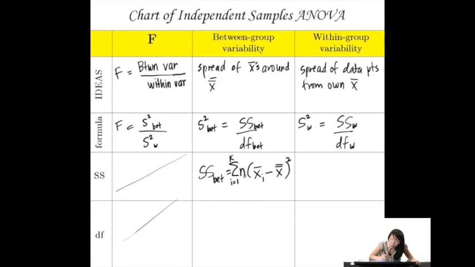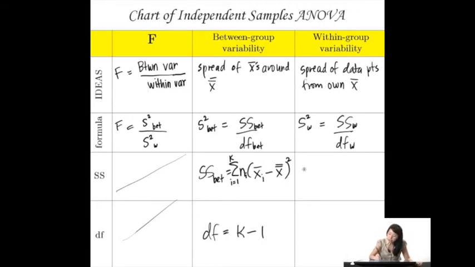And you want it to be weighted. You want it to count more. Your distance counts more if you have more data points in your sample, okay? And then the degrees of freedom is fairly straightforward. It's the number of means minus 1. Because when you find out your grand mean, it's going to limit one of those guys, so your degrees of freedom is lessened by 1.